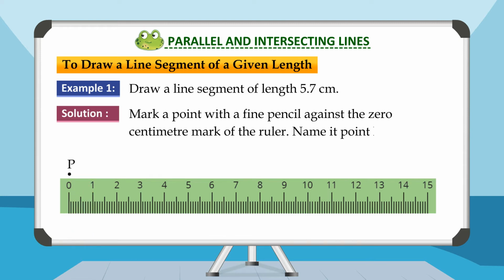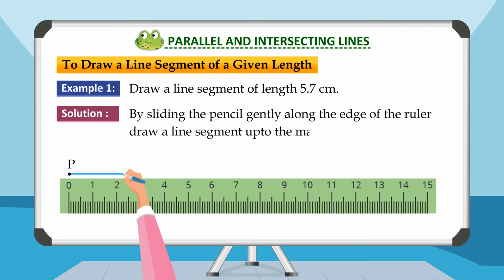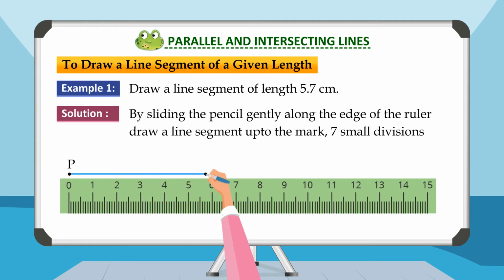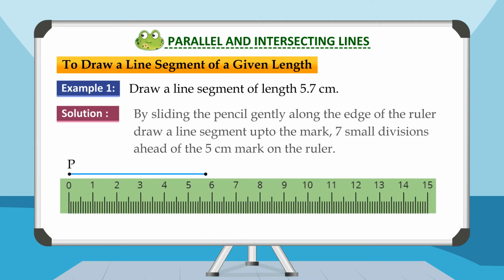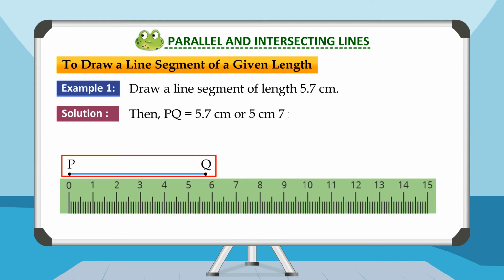Name it point P. By sliding the pencil gently along the edge of the ruler, draw a line segment up to the mark 7 small divisions ahead of the 5 centimeter mark on the ruler. Name the point against 5.7 centimeters mark as Q. Then PQ is equal to 5.7 centimeters or 5 centimeters, 7 millimeters.